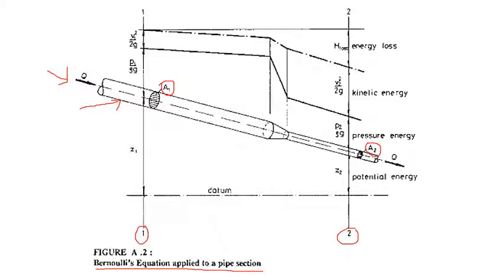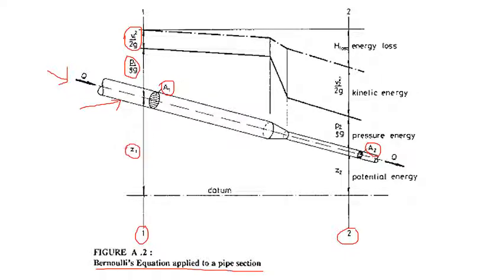At this section, the pressure inside the fluid is P1, so the pressure head is P1 by rho g. The kinetic head is V1 square by 2g and the potential head is Z1.